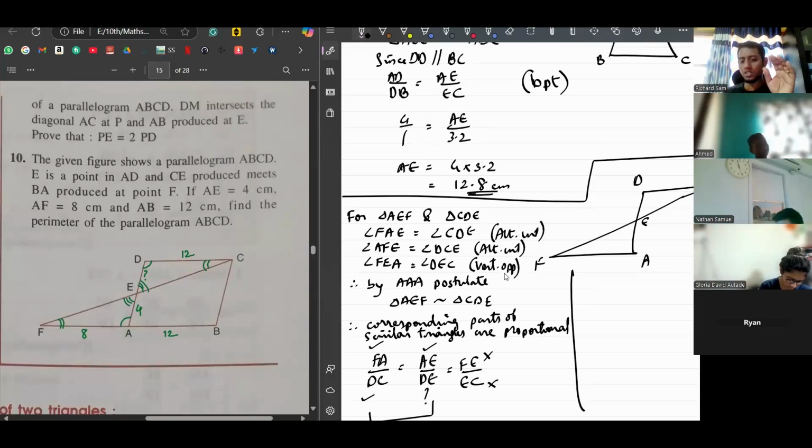Once we showed those three reasons, we write therefore by AAA postulate, this triangle is similar to this triangle. That's the first part. Next, since the two triangles are similar, corresponding parts of similar triangles are proportional. Corresponding parts means all the matching parts. That's how we can write these ratios, FA upon DC and the ratios we wrote in the beginning. Then you will write, taking required ratios.